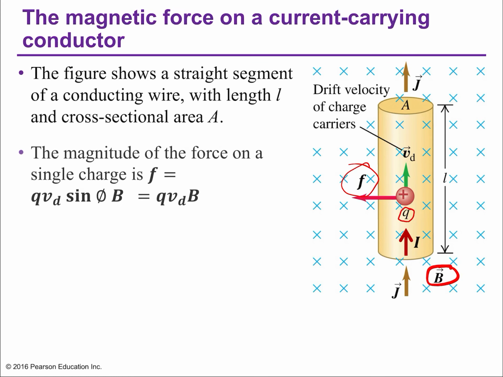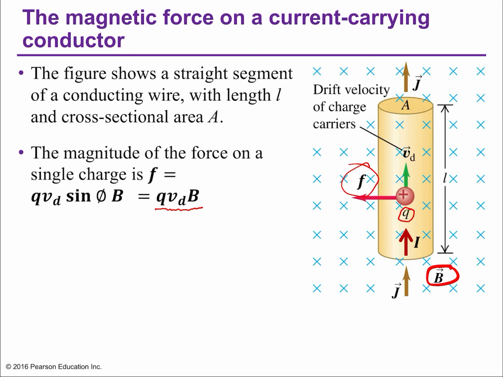So we can write down this force, which from our equation is QVD sine of the angle multiplied by B, but the angle here is 90 degrees, so the force is simply the charge of the particle multiplied by the drift speed multiplied by the magnitude of the magnetic field.